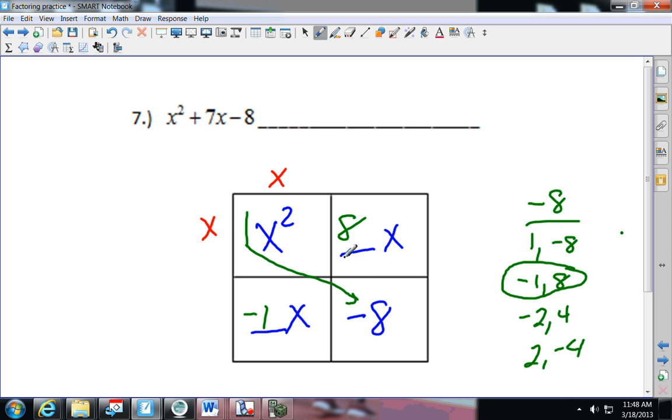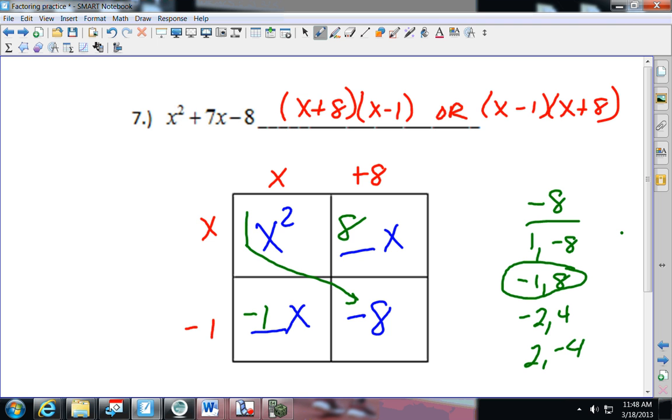X times what is 8x? Plus 8. X times what is negative 1? Or negative 1x, negative 1. So my factors are x plus 8 times x minus 1, or you can write it the other way. X minus 1 times x plus 8. Either way is correct.